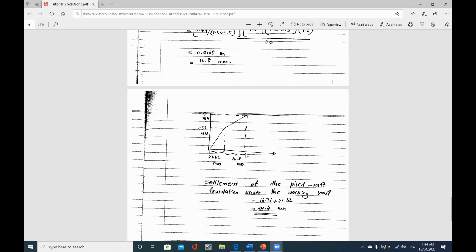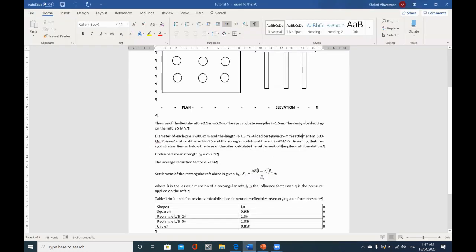So the amount of total settlement will be, you need to add these two values together, so that will be around 38.4 millimeter. That's the amount of settlement for the pile raft foundation system, because we have here two structures, the pile group and the raft.